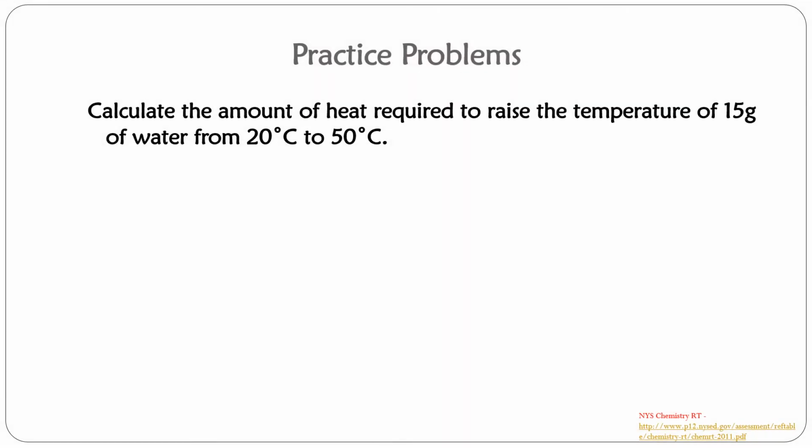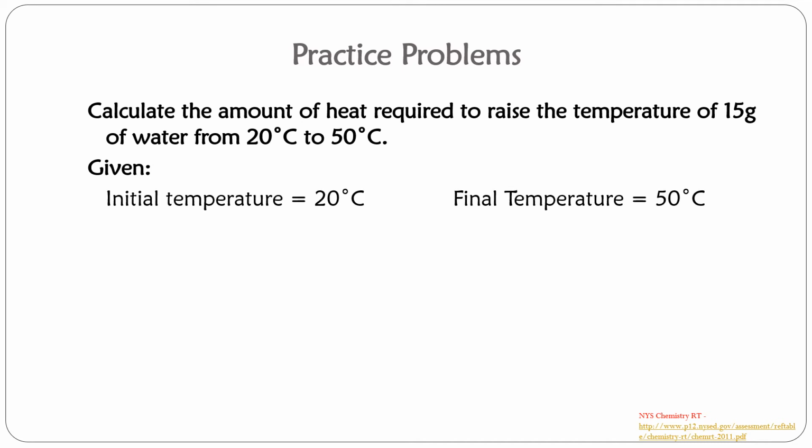So now let's look at some of the problems. Let's try to solve some problems using these heat equations. So question number 1, you have to calculate the amount of heat that is required to raise the temperature of 15 grams of water from 20 degrees Celsius to 50 degrees Celsius. So the first thing that we want to do is see what are some of the things that are given.